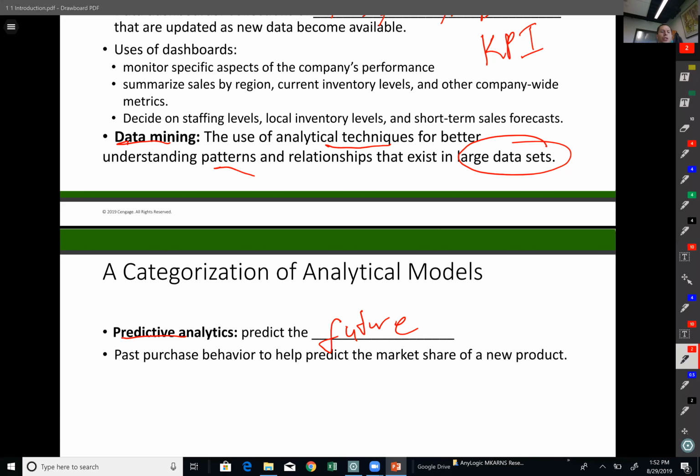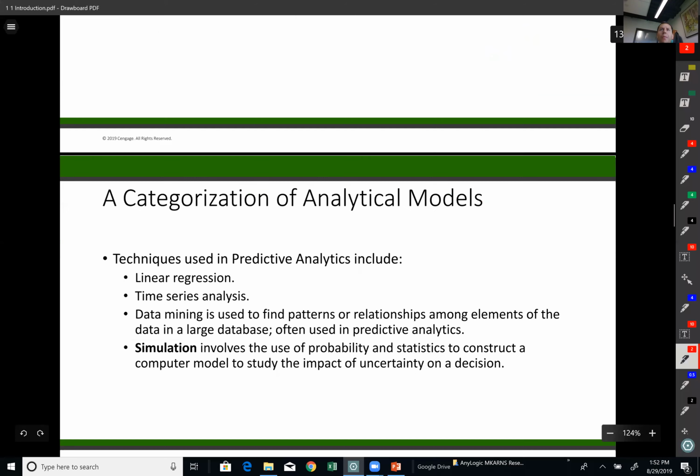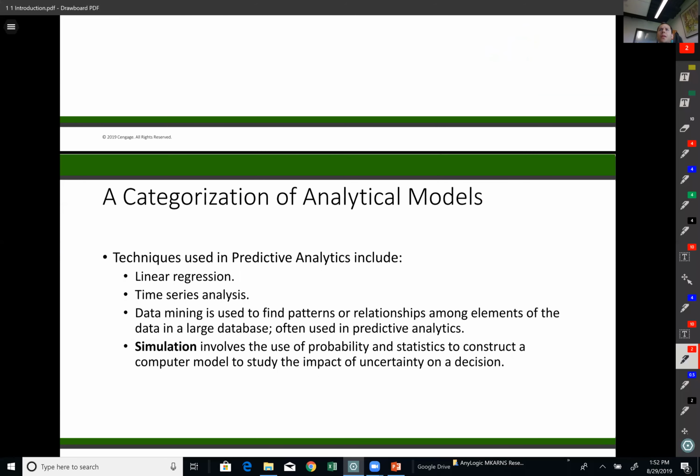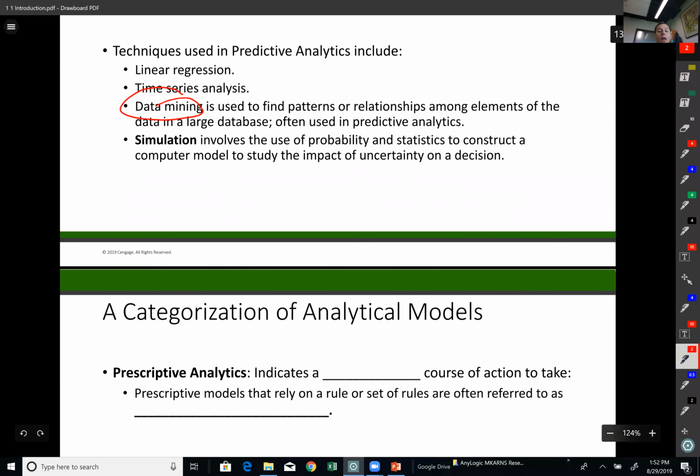An example, market share. So in predictive analytics, again, we talk about these tools. In this class, I'm not going to talk so much about data mining. However, in our advanced class, you can cover that topic in depth with R and Python and so on.